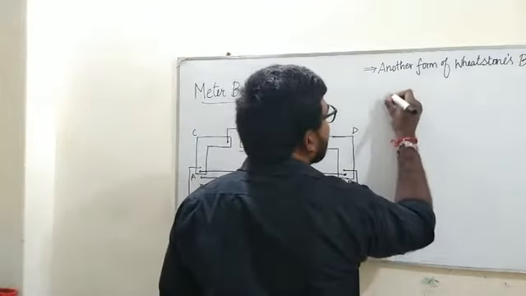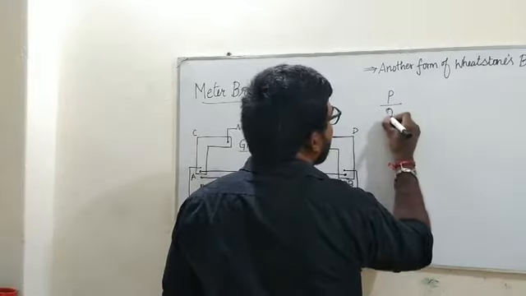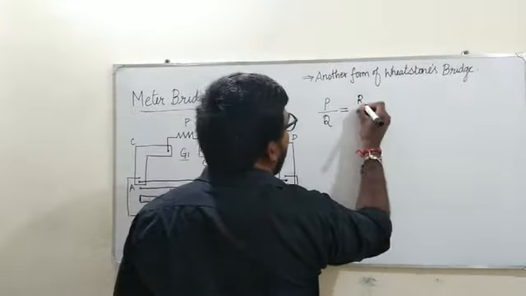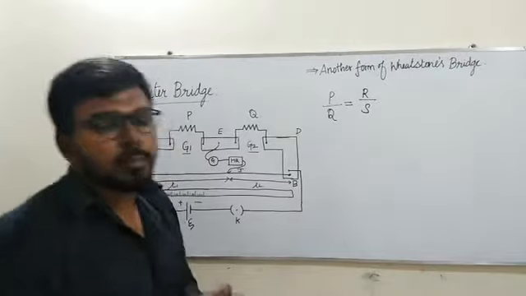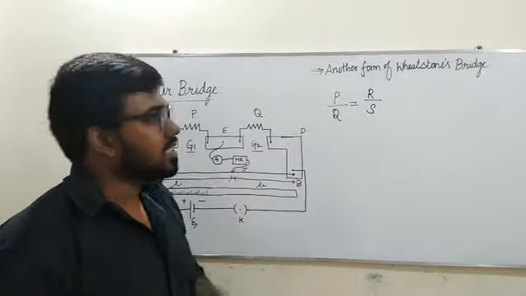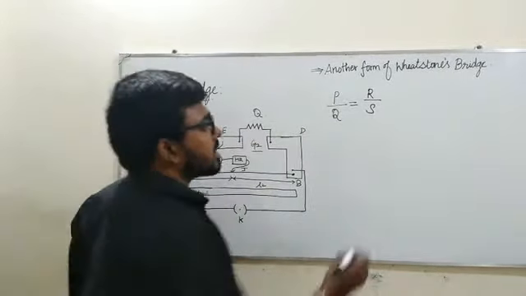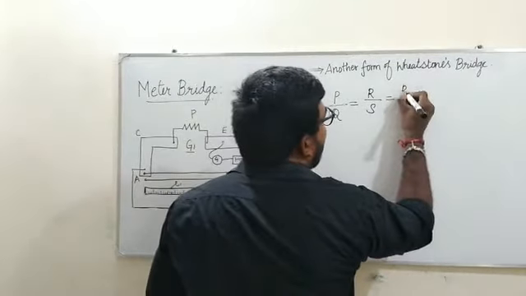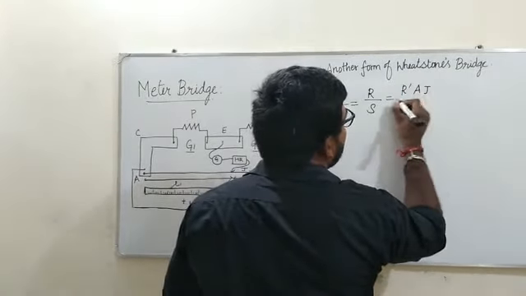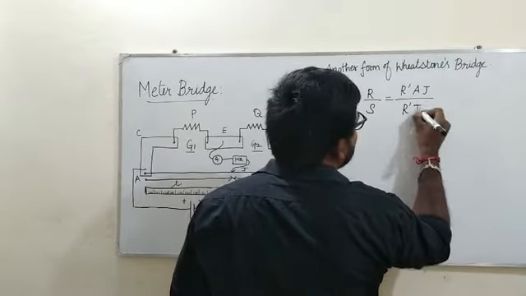We can say that P by Q is equal to R by S. We are using the principle of Wheatstone bridge. Here R by S is nothing but R dash AJ by R dash JB.